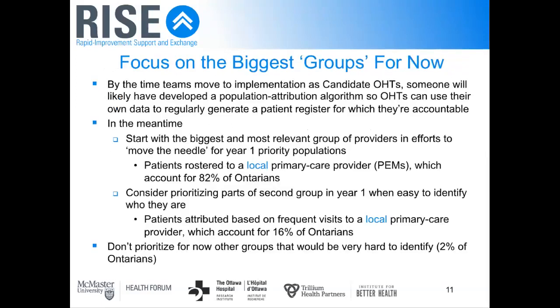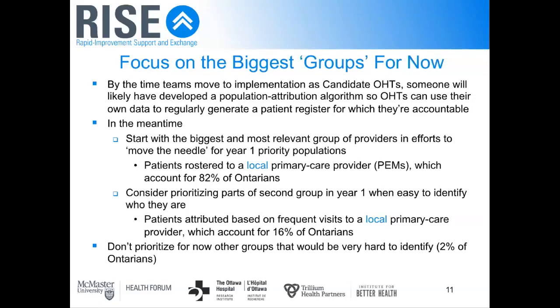Now, if we move on to next steps, one of the things that many people have been grappling with is how do we begin to work with these people? We don't have the roster of who these individuals are. We expect that at some point we'll have a population attribution algorithm so teams can use their own data to regularly generate a patient register for which they're accountable.